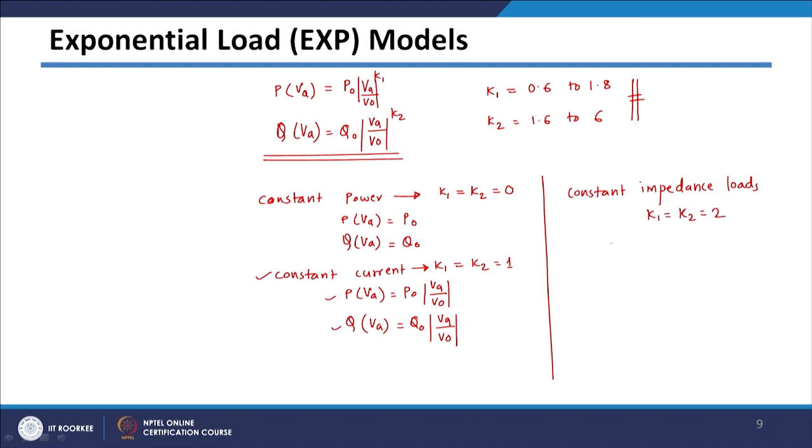So, in this case P(VA) will be equal to P0 into V actual divided by V nominal, squared, and Q(VA) will be equal to Q0 into V actual divided by V nominal, squared. This characteristic, loads proportional to the voltage squared, is why it is characteristic of a constant impedance load.